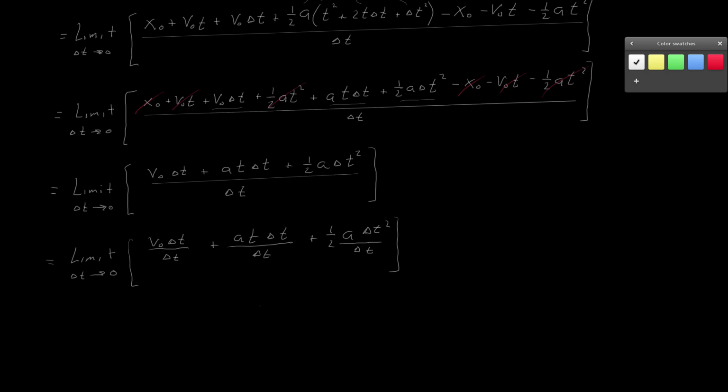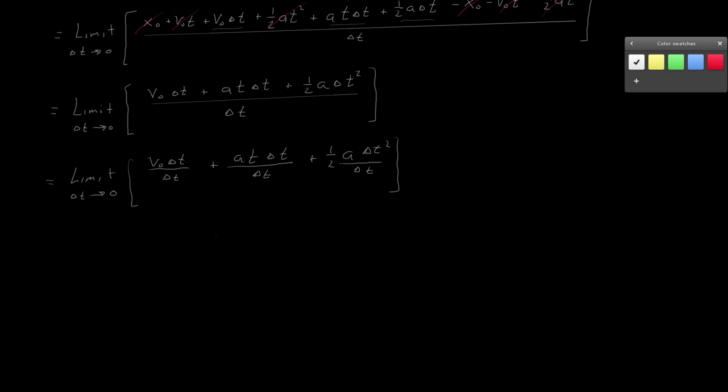And this is an interesting argument here. Delta t will never be 0, so I'm never dividing by 0. It's always some number greater than 0, but infinitely close to 0. So at any time that I want to imagine delta t approaching 0, the ratio of delta t divided by delta t will always go to 1. No matter what delta t is, since it will never be 0, that ratio will always be 1.